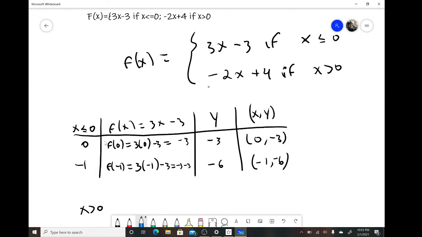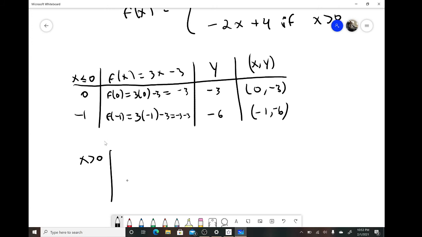It's a piecewise defined function, so we have here 2 expressions. Now, when we make this table, it's going to be f of x equals minus 2x plus 4. If x is positive, we have y, and we have x comma y.